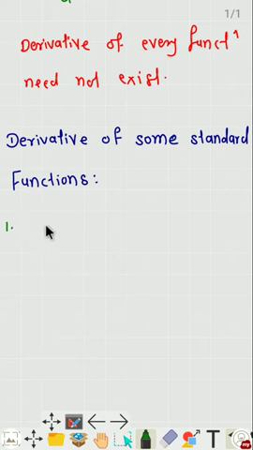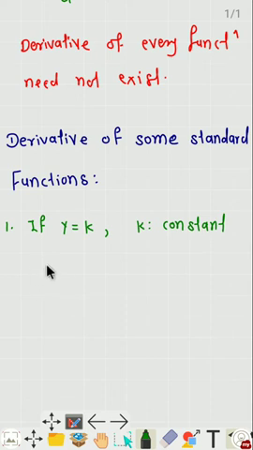If y is equal to k, where k is a constant, then the derivative of this constant function, dy by dx, is equal to 0. So this is one standard function, the constant function, and its derivative is always equal to 0. That is one standard derivative.